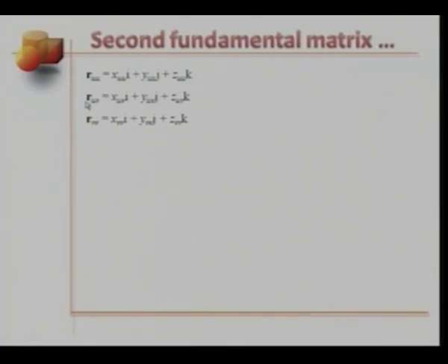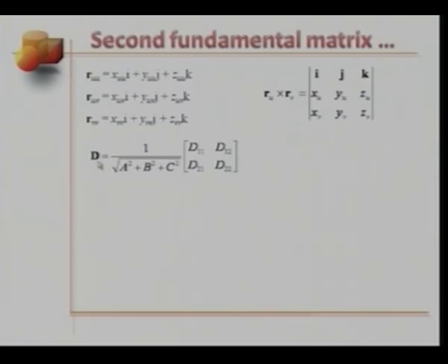Likewise, you can compute the mixed second derivative and the second derivative with respect to parameter v. x, y, and z are scalar fields along the x, y, and z coordinates. You can do this. Ru crossed with Rv is the determinant of this 3 by 3 matrix with rows i, j, k; xu, yu, zu; xv, yv, zv.